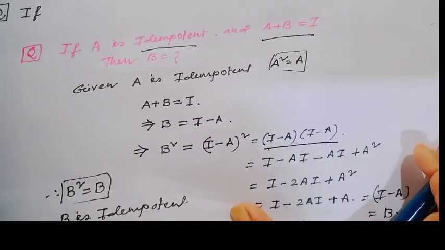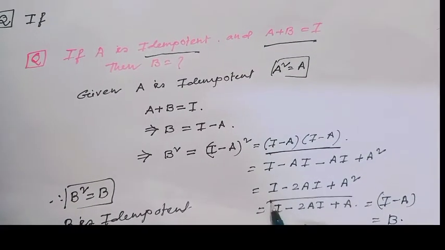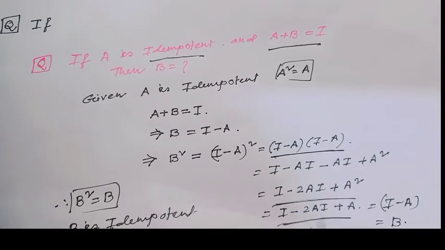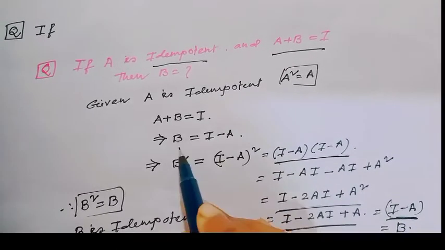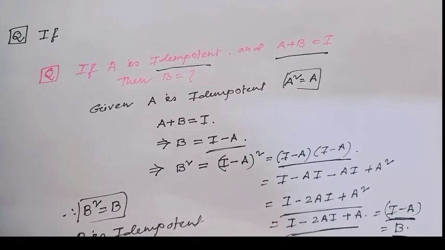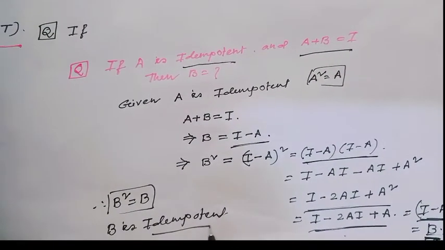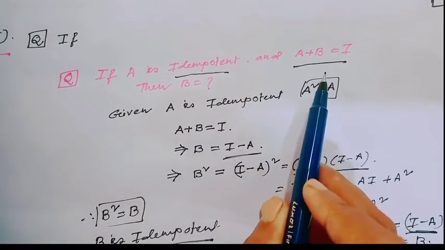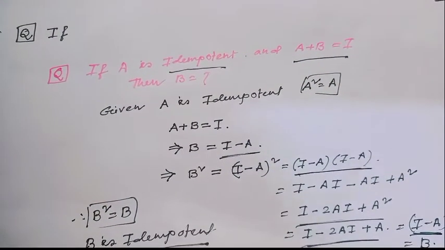Since A is idempotent, A square equals A. So this means I minus 2A plus A, which is equal to I minus A, and B equals I minus A. Therefore B square equals B, so obviously B is idempotent. That means if A is idempotent and A plus B equals I, then obviously B is idempotent.